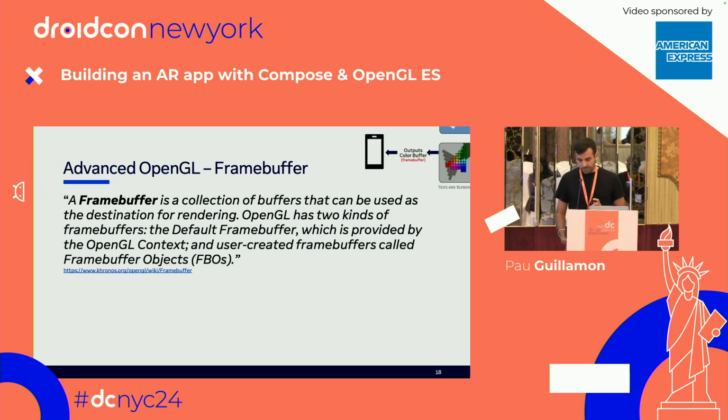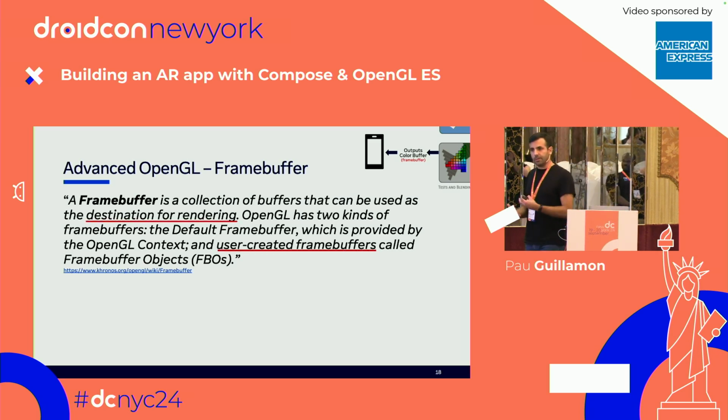And there are two kinds, the default frame buffer and user-created frame buffers called FBOs. The default frame buffer is what the system or the framework creates for us, so it's usually the display. And then the rest of the explanation already tells us that we, as users of OpenGL, can create frame buffers, and we can use them as destination for rendering.